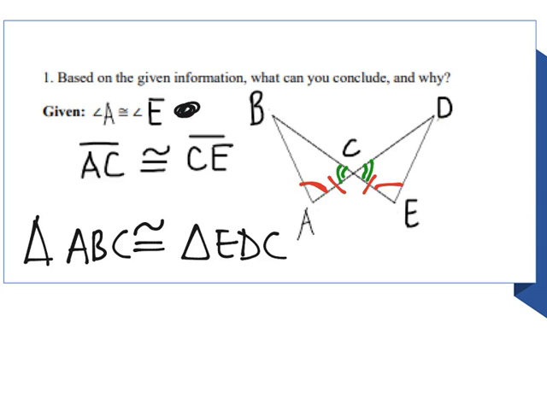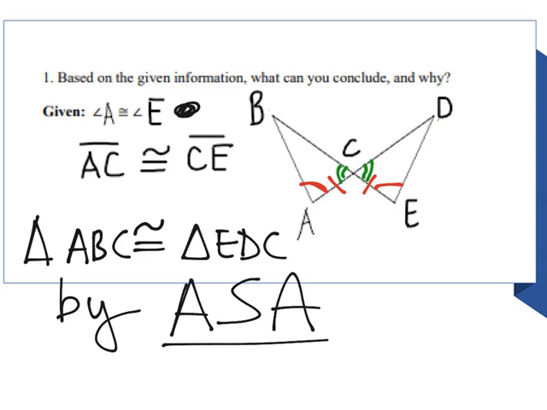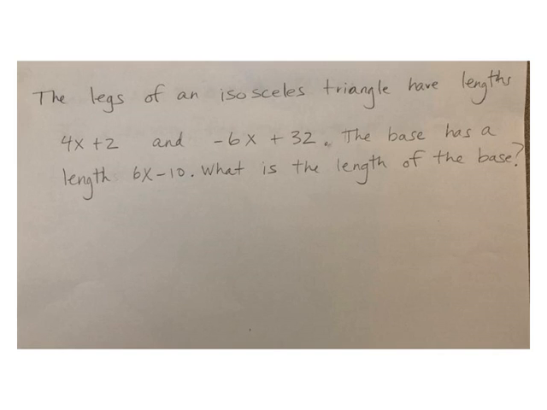Remember, order definitely matters. That's how you would do this one, and they are congruent by ASA, angle, side, angle. So be sure you know your congruency chart.